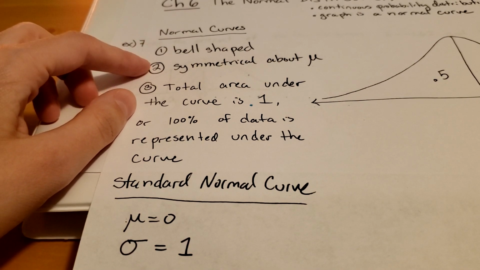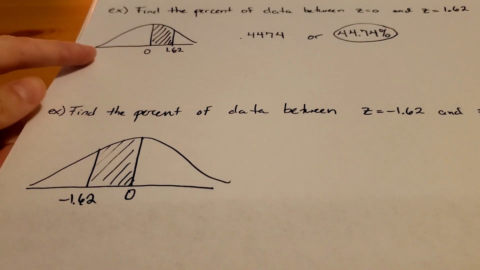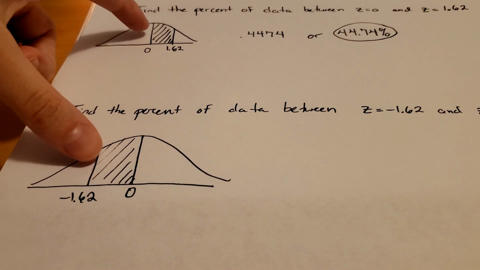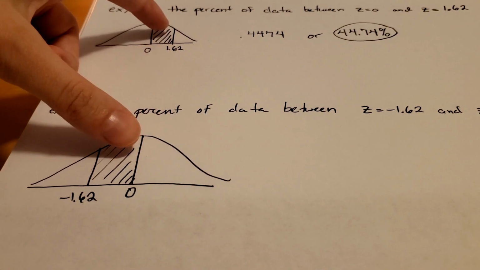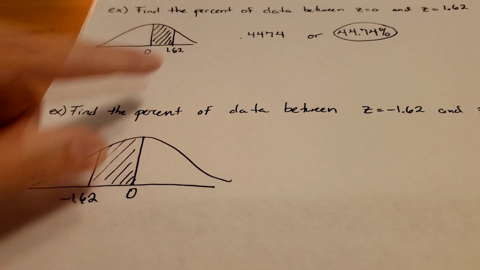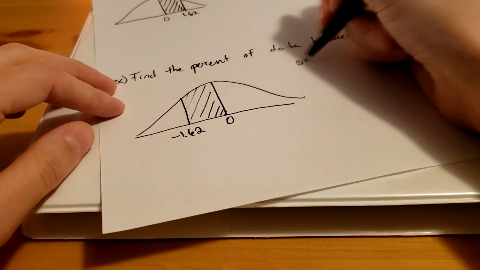So this problem is essentially the same thing as the one we just did. I know my graphs don't look exactly the same, but these are like mirror images of each other. The amount of area between 0 and positive 1.62 is going to be the same as the amount of area between 0 and negative 1.62.